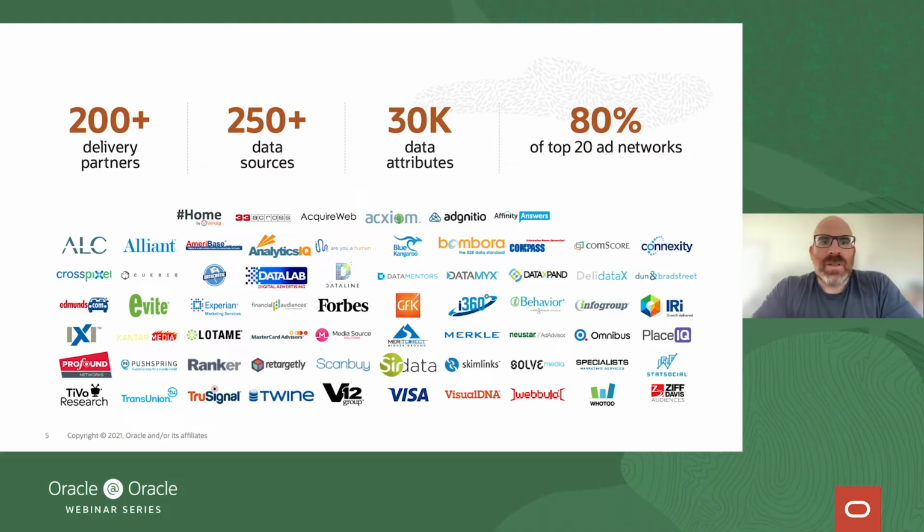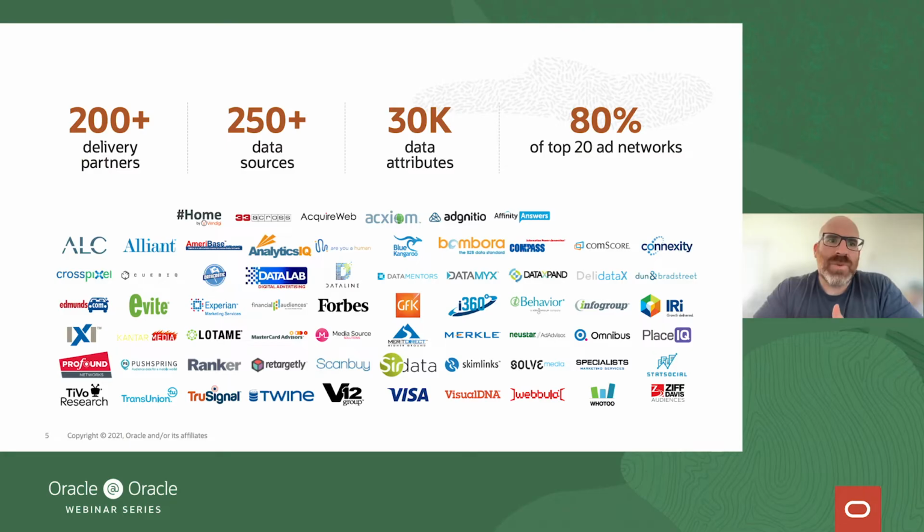Absolutely. So the Oracle Blue Sky DMP has some of the largest publishers in the world as customers, as well as some of the largest data providers in the world. And the magic is when we're able to combine data from all of these different data sources and all of these premier publishers and data providers into a common platform so that we can get leverage that's far beyond what you could get from any single data stream.